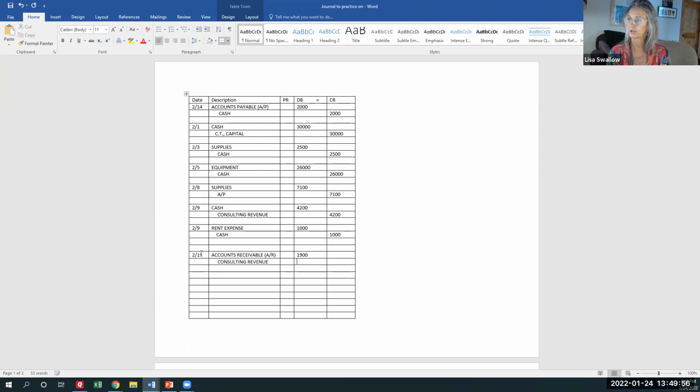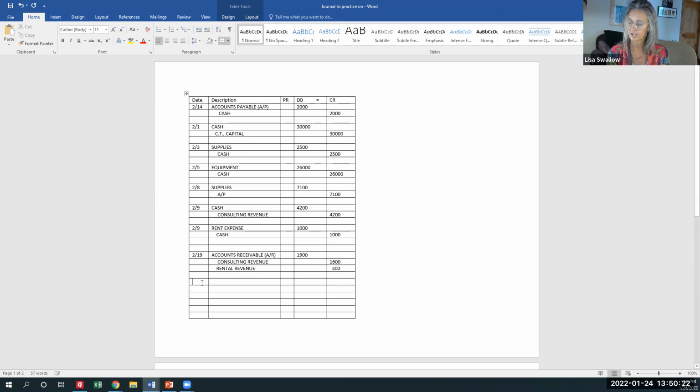I have to increase my revenue account, and I go and look at my little cheat sheet, and it says revenues have normal balances that are credit. To make them go up, you credit them. And I also have to increase my rental revenue by $300. And everything's still in balance.